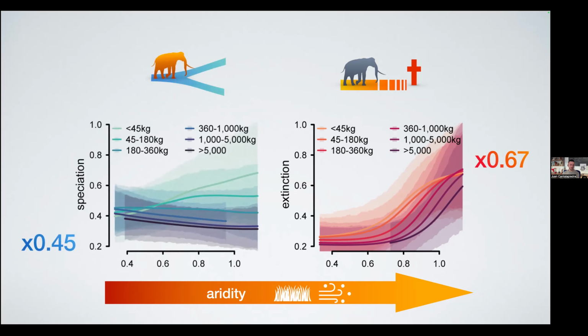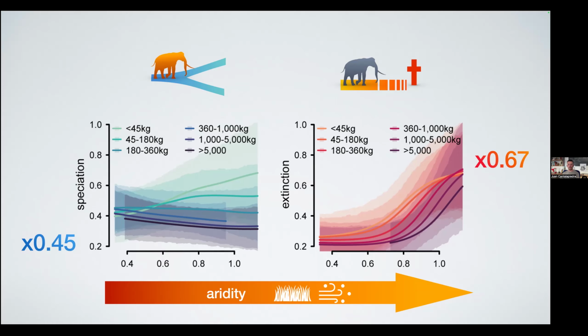And the reason is because they have very low speciation, as we saw before, but also in some cases, we see that increasing aridity actually has this kind of suppression effect. It's not super dramatic, but we're talking maybe a suppression around 25% of the speciation potential that they have at the beginning when aridity was lower.